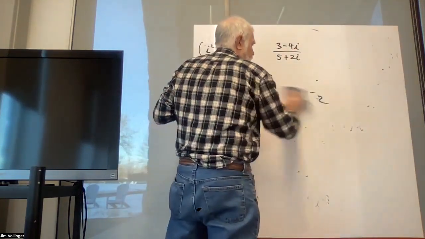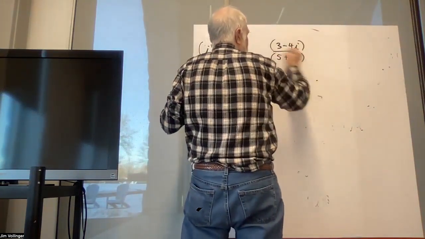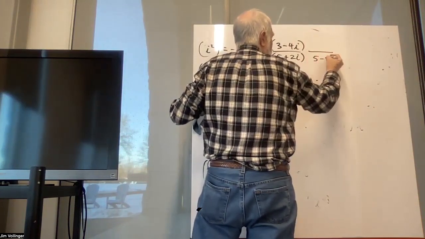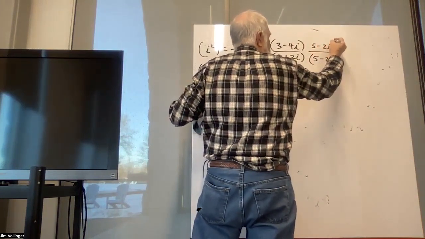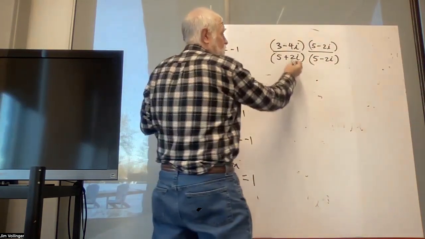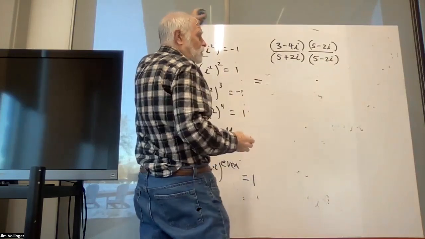And the conjugate for 5 plus 2i is 5 minus 2i. Now, why do we do that? Because the middle terms always cancel. So I will do this multiplication out.